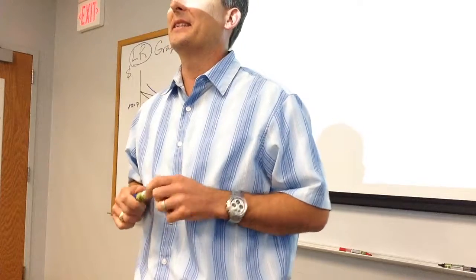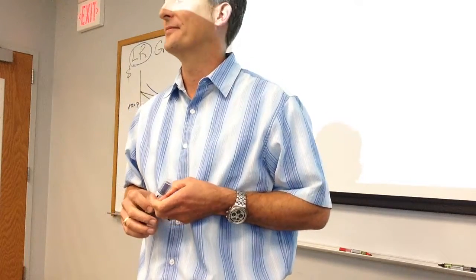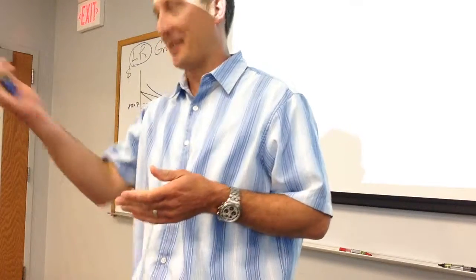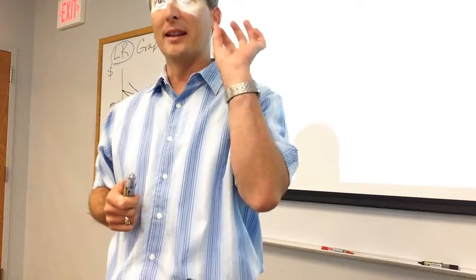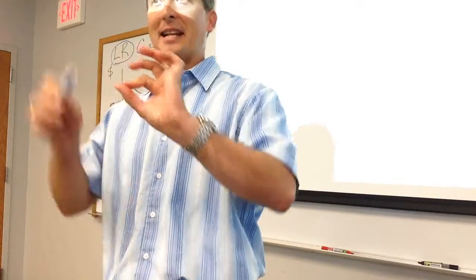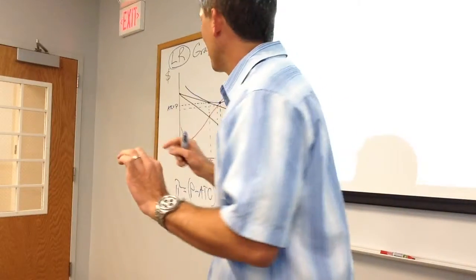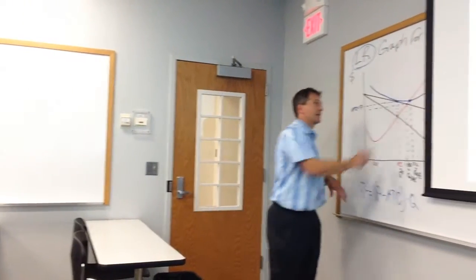What if we eliminated differentiation? Would that work? Exactly. We'd be right back to perfect competition. If we eliminated differentiation, that's the only thing that differed from perfect competition, right? And so if the product becomes undifferentiated, what happens to this demand curve?